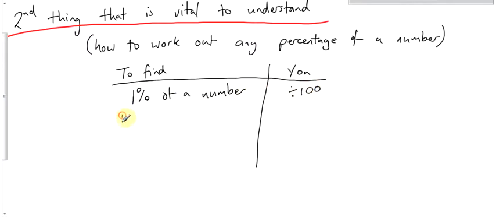The next one that's quite handy is 10%, because there's 10 tens in 100. So to find 10% of a number, you divide by 10. And this one always confuses people really, I think, because they think, oh, to find 10 you divide by 10, so to find 20 you divide by 20, and it's not true. To find 5%, that's a handy one.